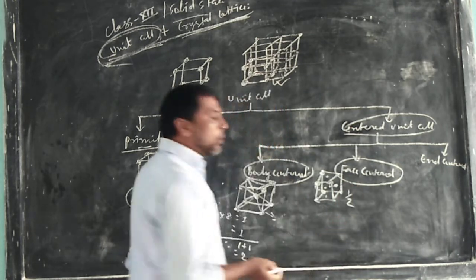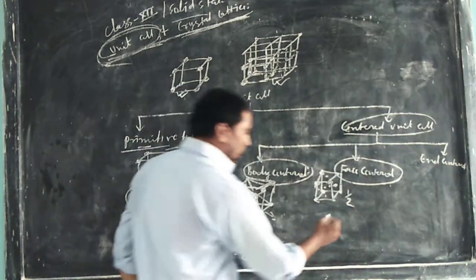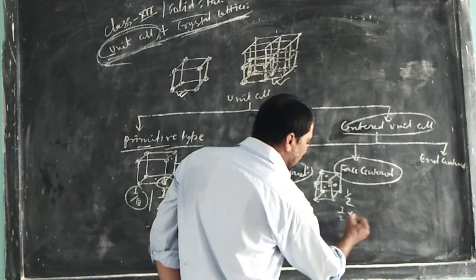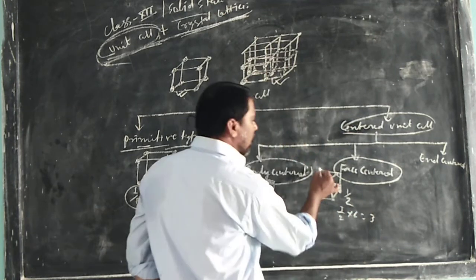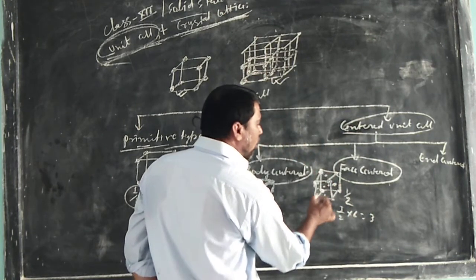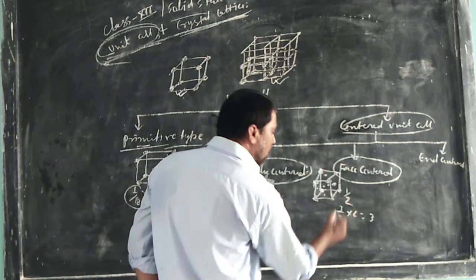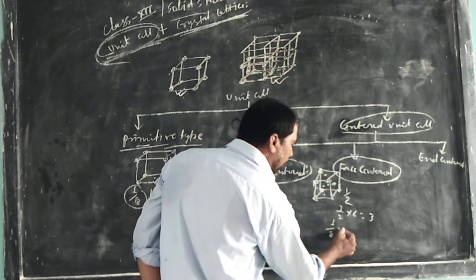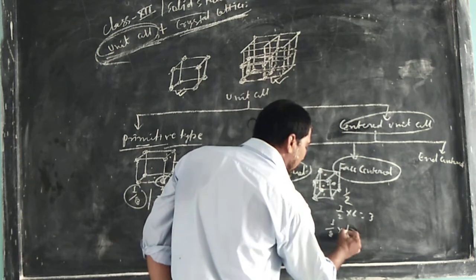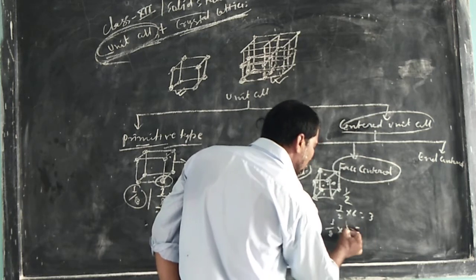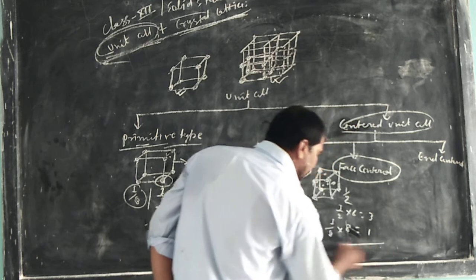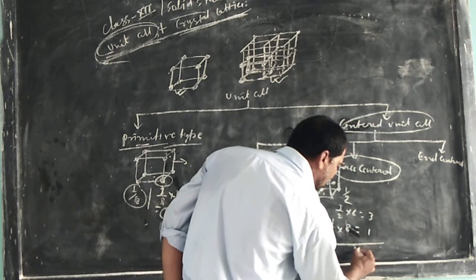So, the contribution from the face centers is 1 by 2 into 6, that is 3, and the contribution from the 8 corners is 1 by 8 into 8, that is 1. So, total contribution will become 3 plus 1, that is 4.